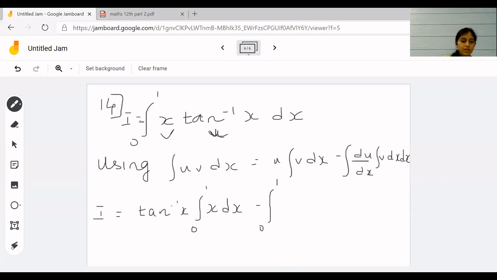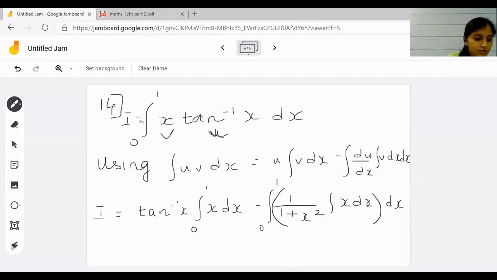Minus integration 0 to 1 du by dx. So d by dx of tan inverse x will be what? It will be 1 upon 1 plus x square. Then integral v dx, that is integration of x dx, and this whole thing dx. Now what is integration of x dx? It is x square upon 2. So let us put this integration value here. So one part is at least solved.